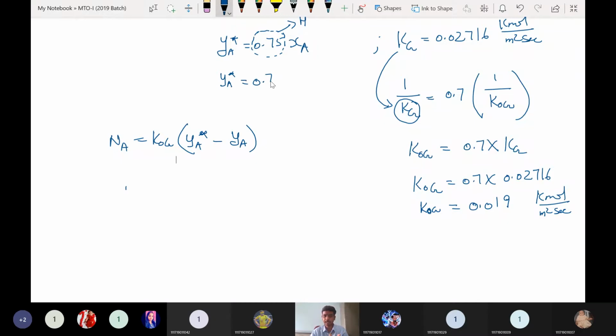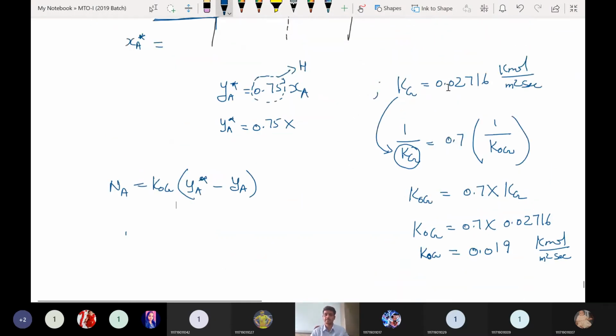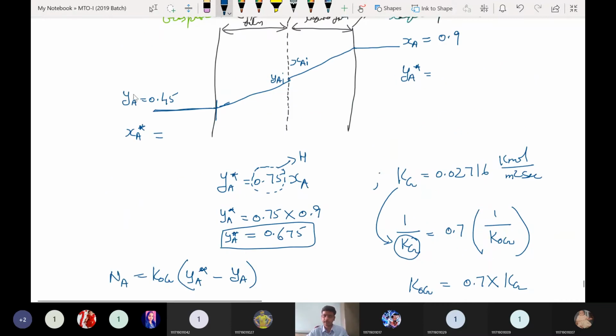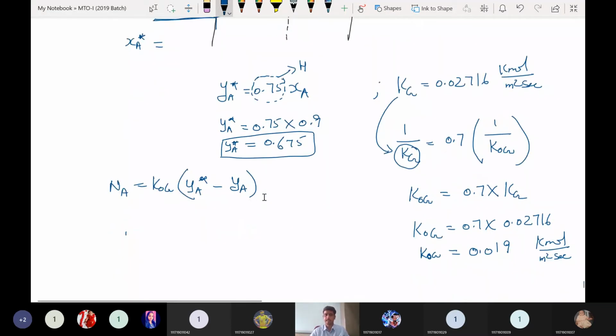YA star is equal to 0.75 into XA, and we already have XA as 0.9. So 0.75 into 0.9 will be nearly 0.675. You will get YA star as 0.675. Now from this figure we already have YA as 0.45, and YA star we found.